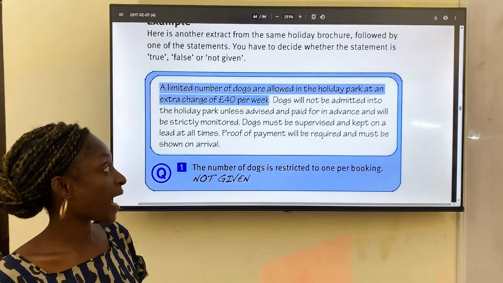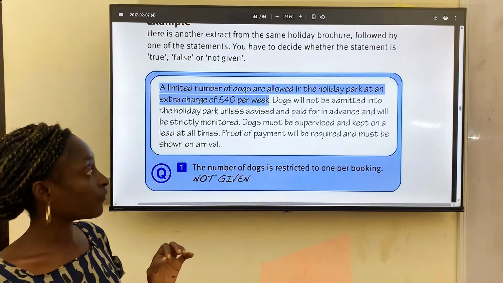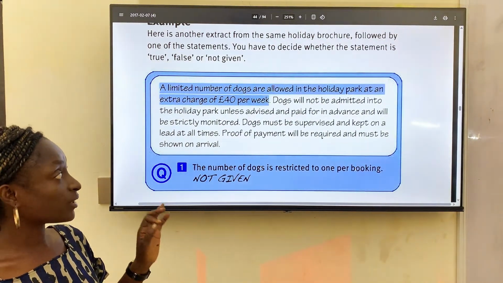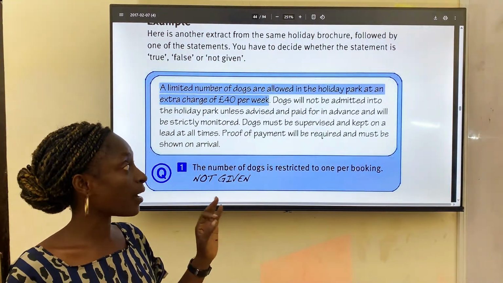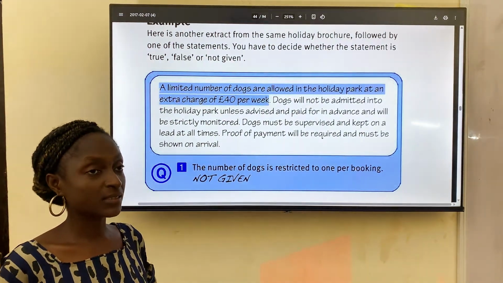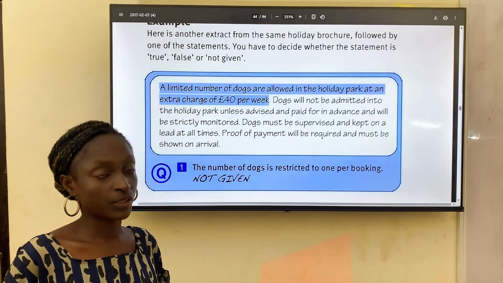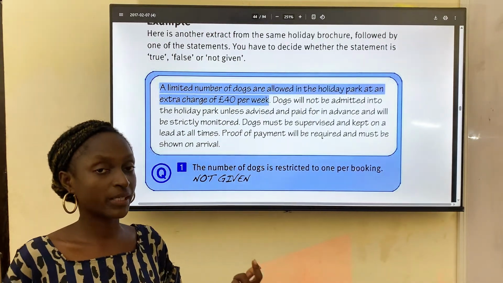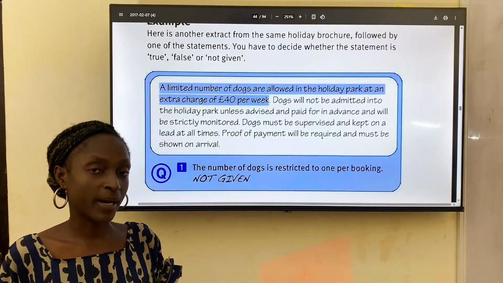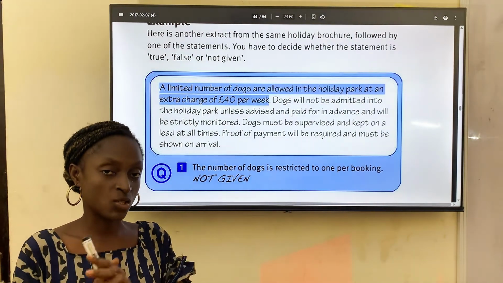Let's go back. We have a limited number of dogs are allowed in the holiday park at an extra charge of £40 per week. A limited number. That does not say 1, does not say 2, it does not say 3. It only says a limited number. So we can't assume that it is 1.